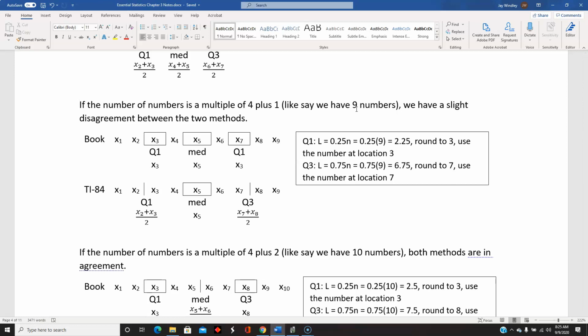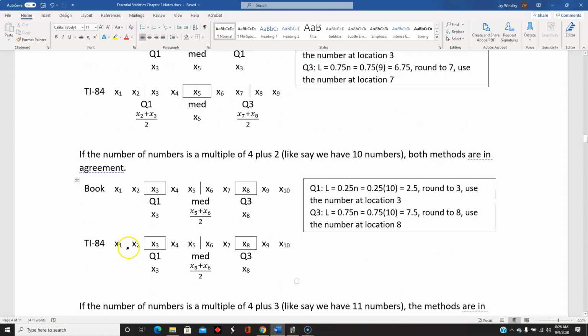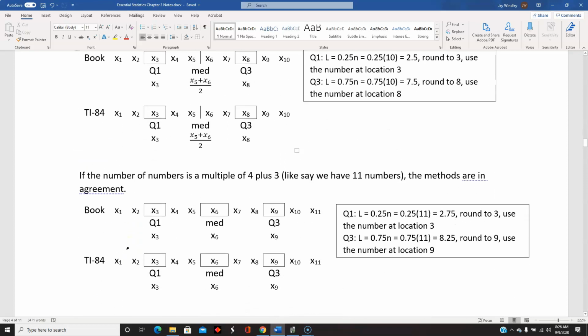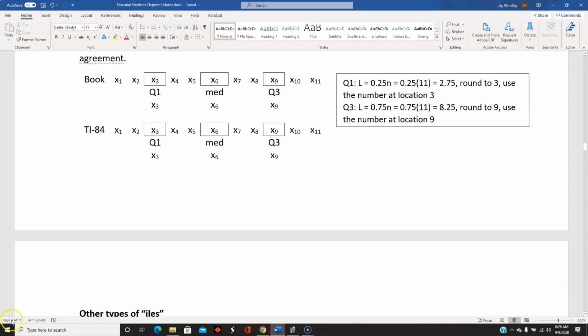So if you have a number of numbers that's a multiple of 4 plus 1, the book method and the calculator method will give you slightly different answers. So just be aware of that, because if you just punch the numbers into your calculator, it might not give you answers that will be marked correct on a homework. Okay, so that's the wonderful world of quartiles.